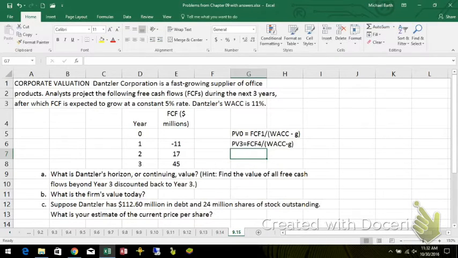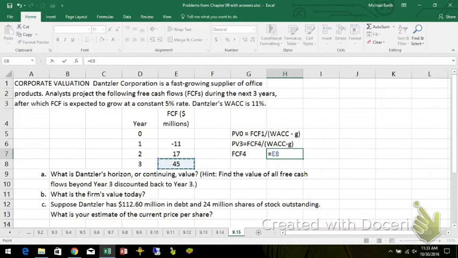At the end of year 3, that'd be worth whatever that model pops out here. So to solve for that, what I need is the free cash flow in year 4. This is free cash flow in year 5. If I assume that's going to grow at a 5% rate, there's my FCF at 4.